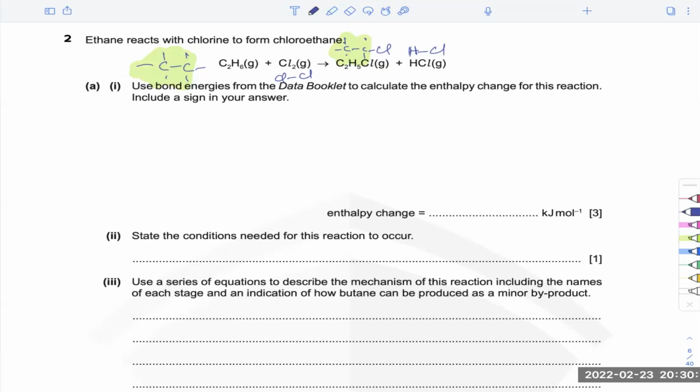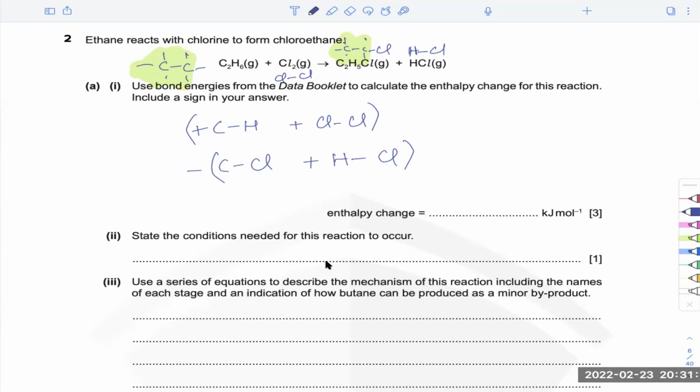The only bonds that are actually broken are the ones with 1 carbon and hydrogen and 1 chlorine and chlorine. And the ones that are made are 1 carbon and chlorine and 1 hydrogen and Cl. So I'm just going to add these up and subtract these, and I will get my answer. Whatever that is, it will be an exothermic reaction, I think.